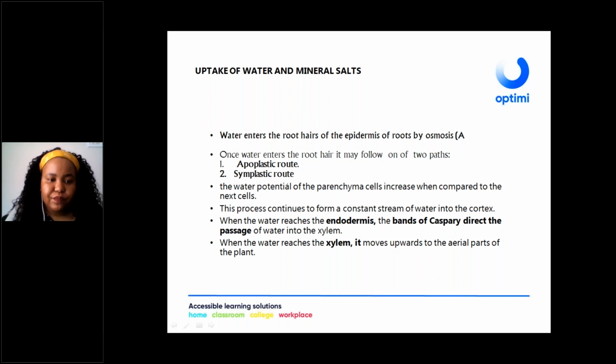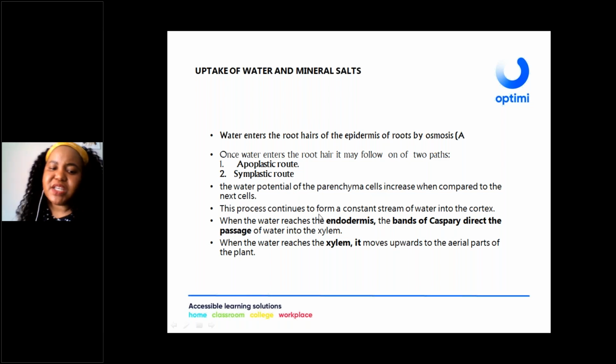Okay, so once water enters the root hair, the water potential of the cells increases. So pressure is created and the water potential of the cells increases.